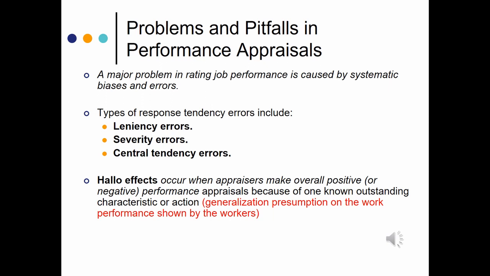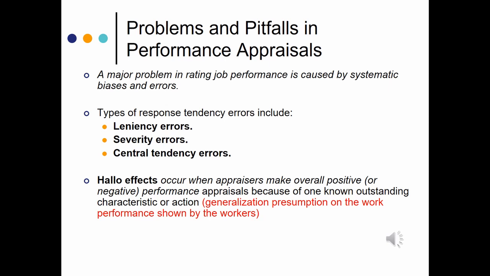Meanwhile, severity errors occur when the rater rates everyone at the unfavorable end of the performance scale. And central tendency errors occur when a rater rates everyone in the middle of the performance scale.